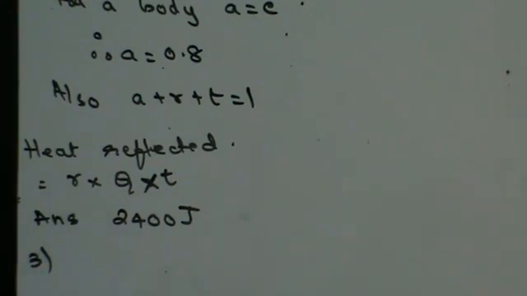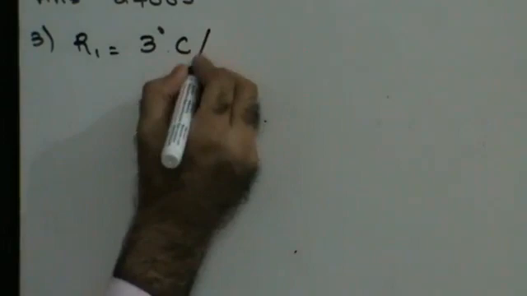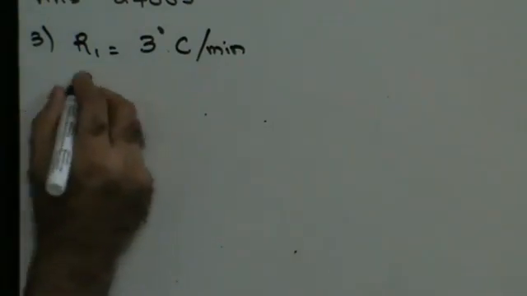Next, take on a metal sphere. A metal sphere cools at the rate of 3 degrees Celsius per minute when it is at a temperature of 50 degrees Celsius.